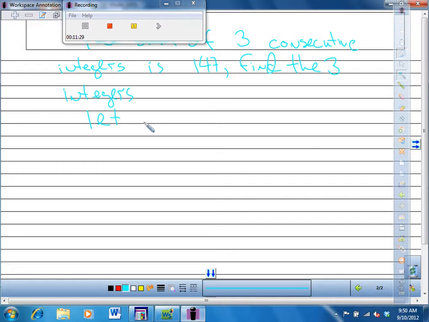So what I do with this type of problem, I set up my variable. There's no real picture to draw for this one. These ones are easy. Let x equal the first integer. So if x is the first integer, what would be the next one after that in terms of x? How much bigger is the next one? 1 bigger.